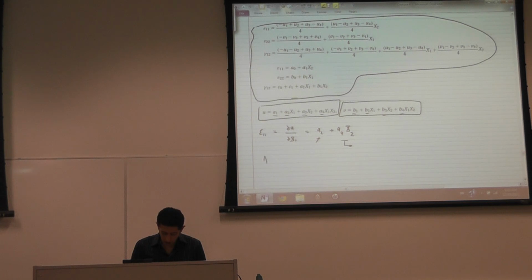Okay, let's see what happens now. What's gamma 12? Gamma 12 is equal to partial u by partial x2 plus partial v by partial x1. Partial u by partial x2 will be equal to the following: a3, which models constant shear, plus a4 x1, plus other terms.